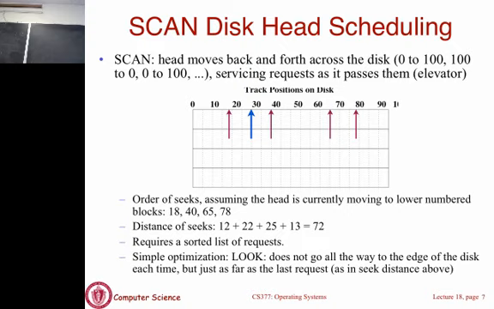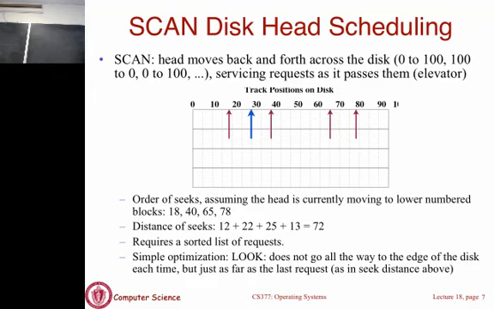Then reverse direction and go up to 78. And then, assuming we have another request somewhere down here in the meantime, reverse direction again at 78. Because if you go all the way to 0 in this case, we're basically wasting 18 tracks going to 0 and then another 18 back when we could just reverse direction immediately. So in practice, we are going to do that. That's just called the look algorithm.